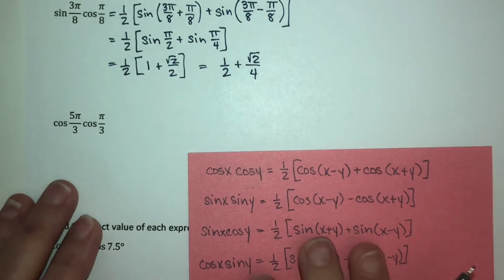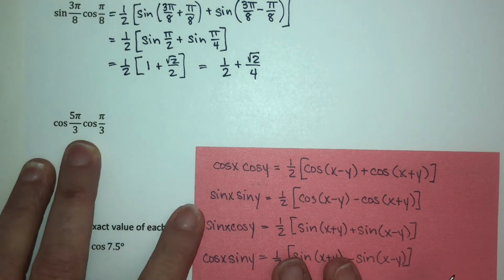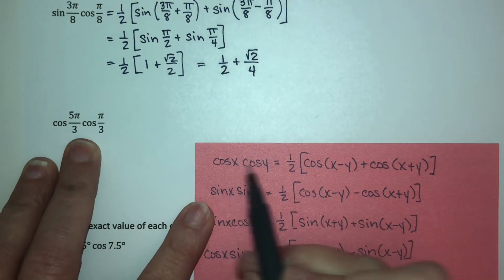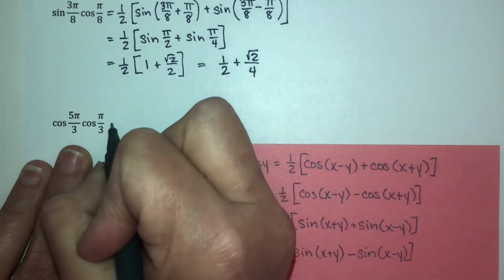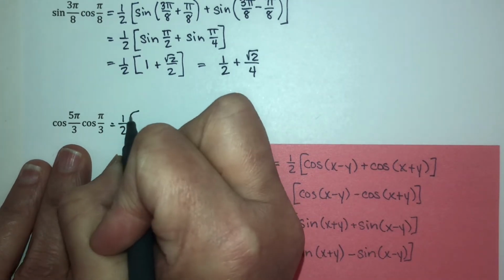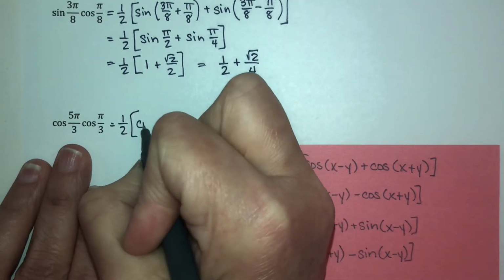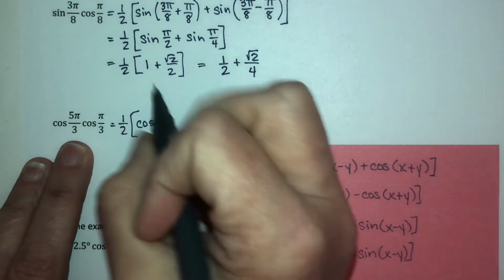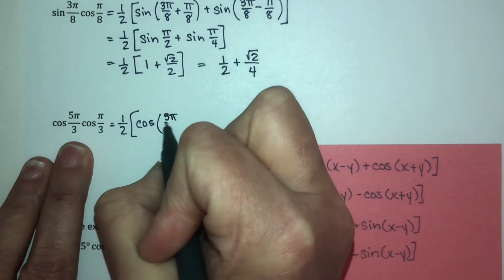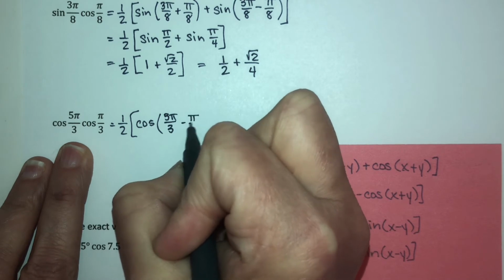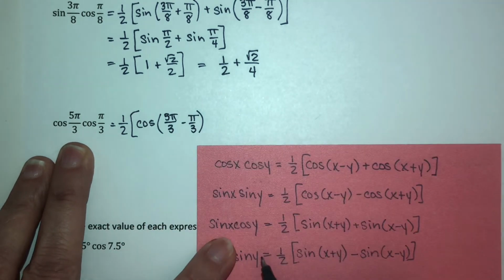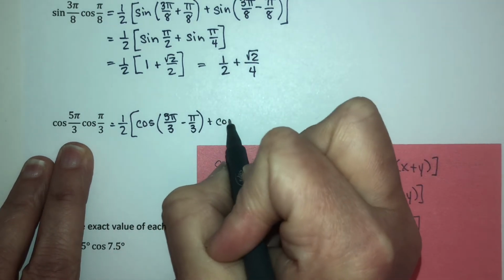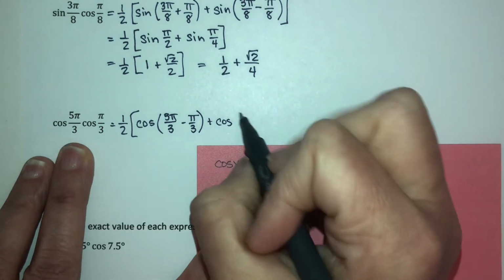Let's do cosine of 5 pi over 3 times cosine of pi over 3. So cosine times cosine. This is going to equal 1/2 times cosine of, you subtract these, 5 pi over 3 minus pi over 3, plus cosine of the two angles added together.